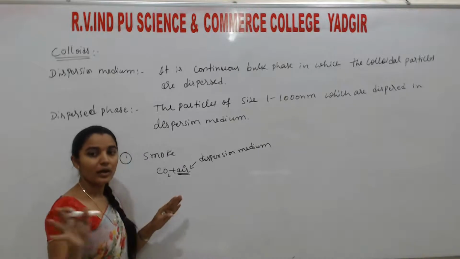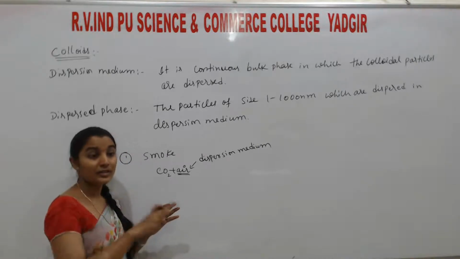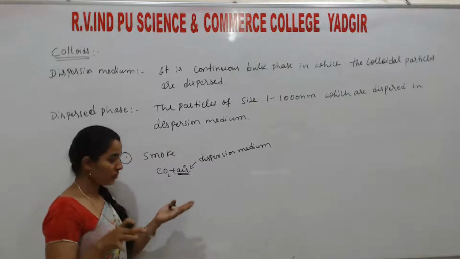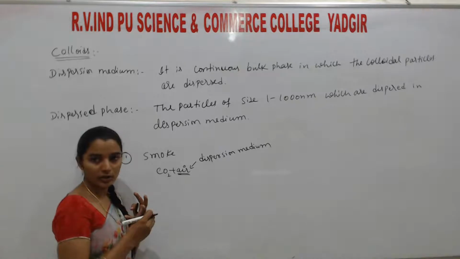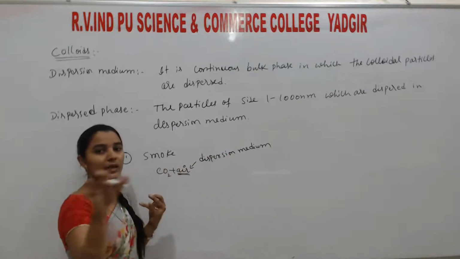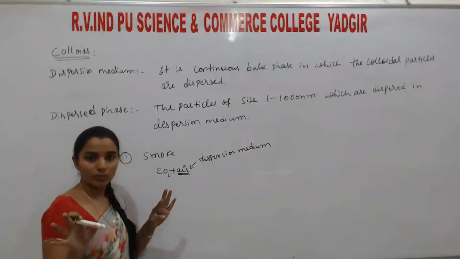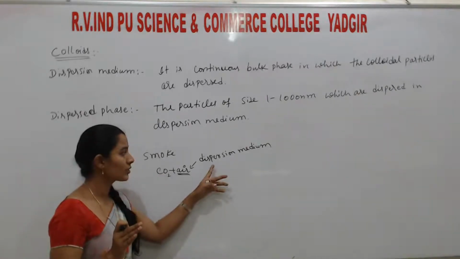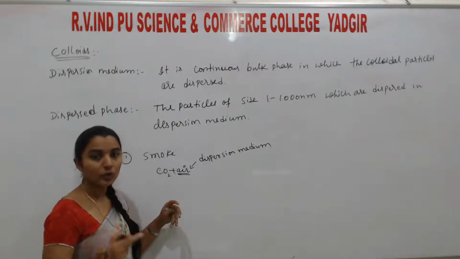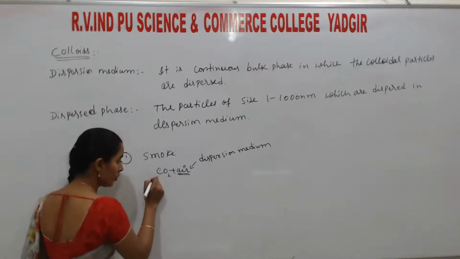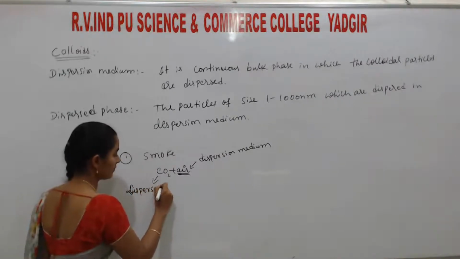Dispersed means they are easily mixed, distributed. If smoke is evolved here, it is completely distributed throughout the air, throughout the room. That distribution is called dispersed. So this CO2 is the dispersed phase.